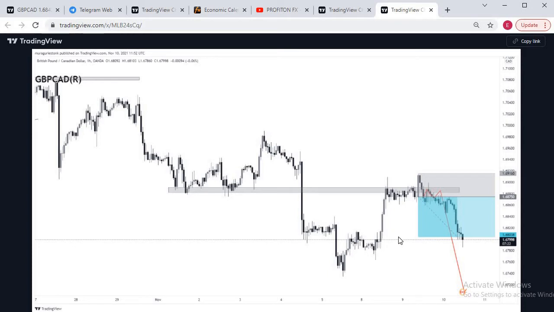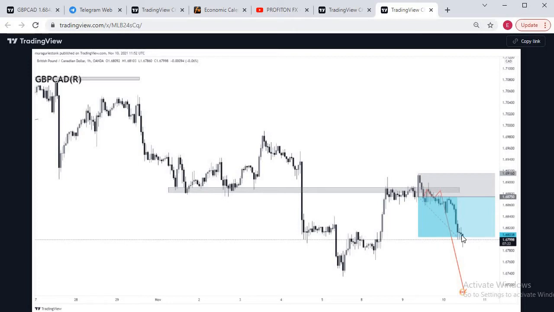Now, this trade, I was not able to hold it to this level here. As you've seen, price came to this level because I did not have a clear view of what was happening at these levels here.